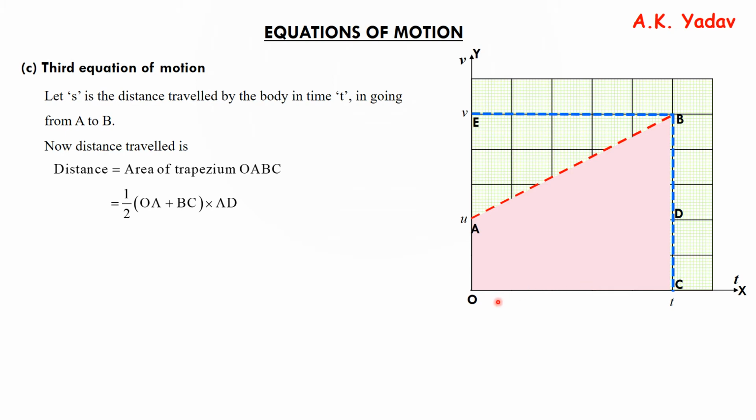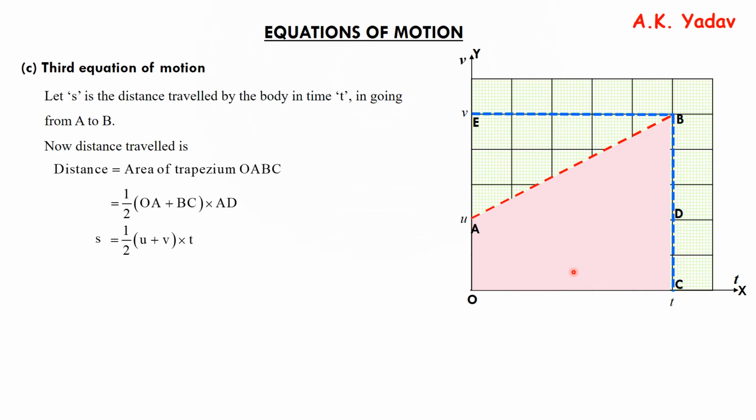The parallel sides are OA and BC. Obviously OC and AB can't be parallel, so the only two parallel sides are OA and BC. And the height is AD, or you can say OC also.